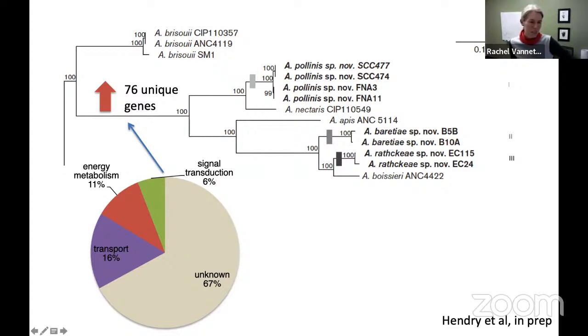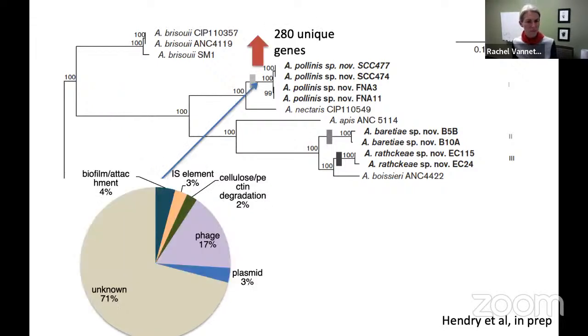Some are in energy metabolism, transport, signal transduction. So far, we didn't find anything that screamed adaptation to nectar. Maybe some of the energy metabolism shifts may indicate specialization on certain types of nutrients.